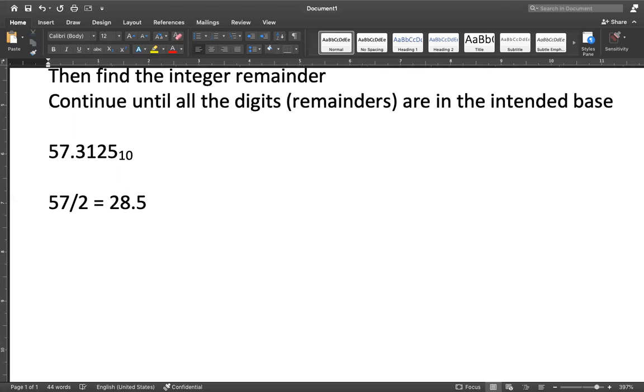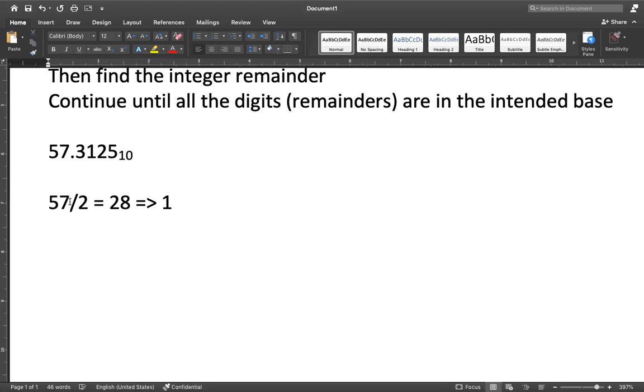You are going to write the integer part only and then write the remainder. For an example, think that you have 57 caps, and you divide them between two parties.